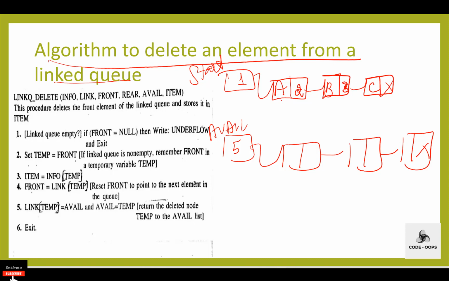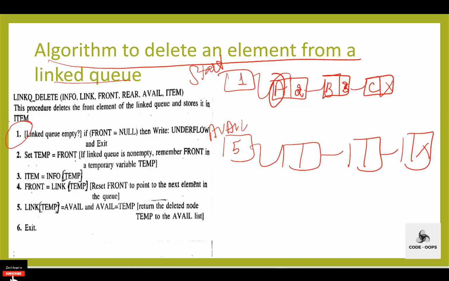The rear pointer contains the address of the last element of the queue. Avail is the free storage space in a free pool. Item is the element that we have to remove from the queue. Now in this case, item is A. We have to remove the first node from the linked queue.